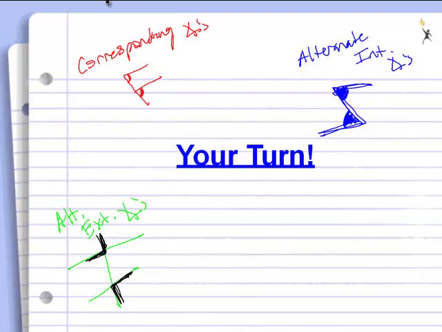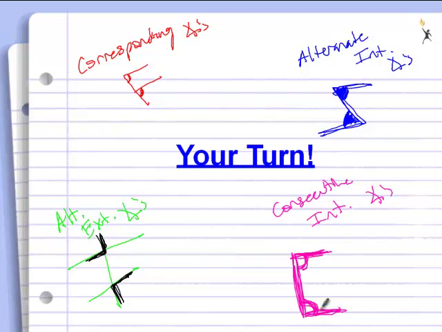The last angles that we talked about were consecutive interior angles, and they formed the letter C. They were on the same side of the transversal, which makes them consecutive.